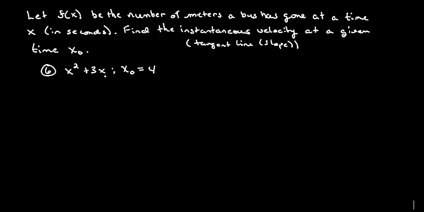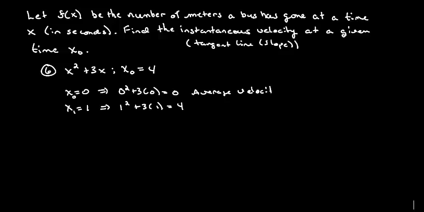We've got some function right here which describes the meters a bus has gone. For example, at x equals 0, the bus has traveled 0 meters, and at x equals 1, the bus has traveled 4 meters.